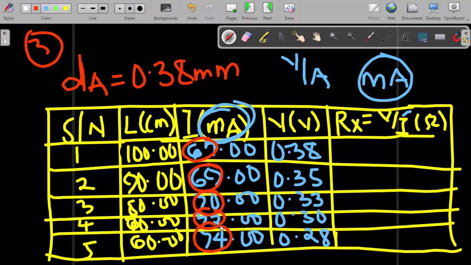So let's try it. Divide 67 by 1000 first and tell me what you have. 0.067. So use the voltage, which is 0.38, to divide 0.067.